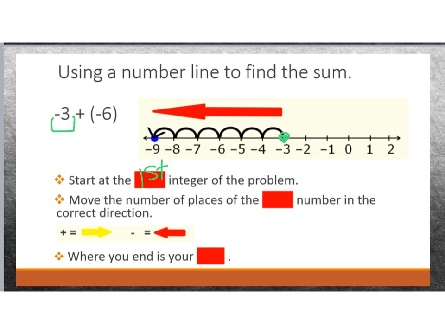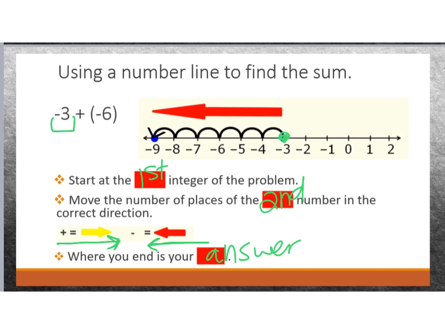And then we are going to move the number of places of the second number in the correct direction. So if the second number is a positive, you're going to be moving towards the right in the positive direction. And if your second number is a negative, you're going to move to the left in the negative direction. Where your arrow ends is your answer.